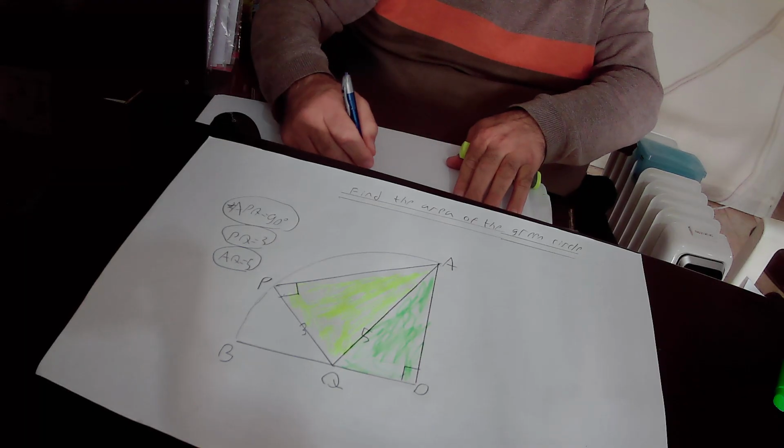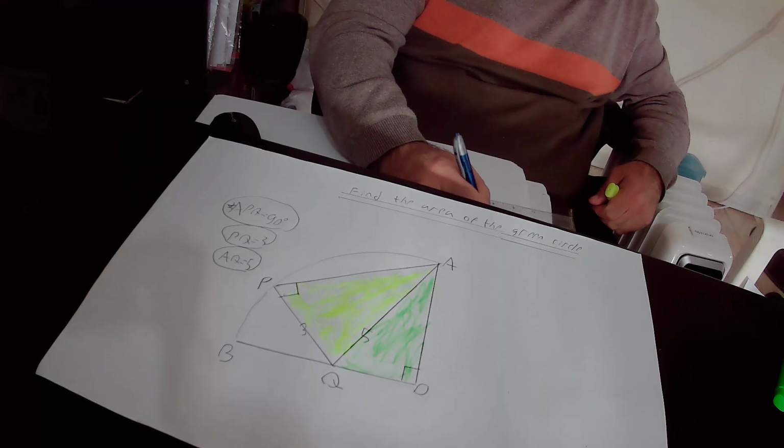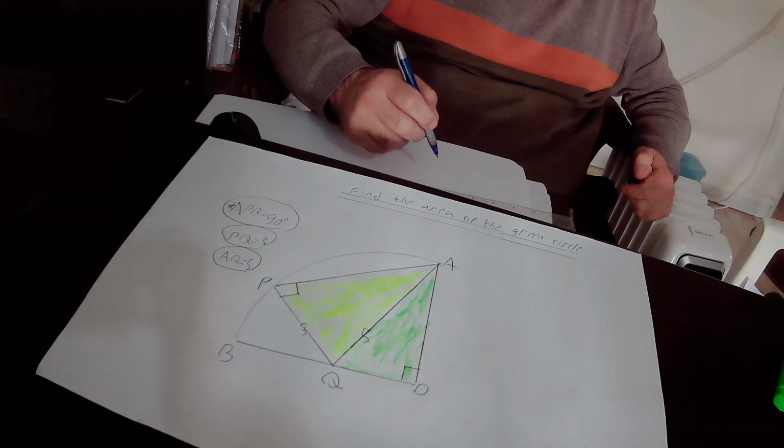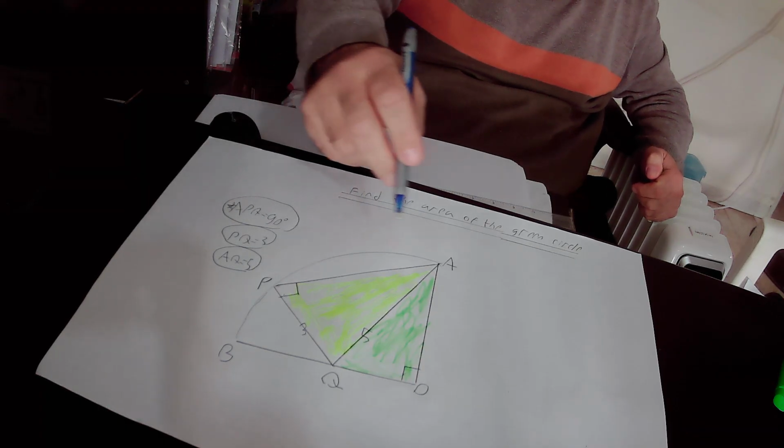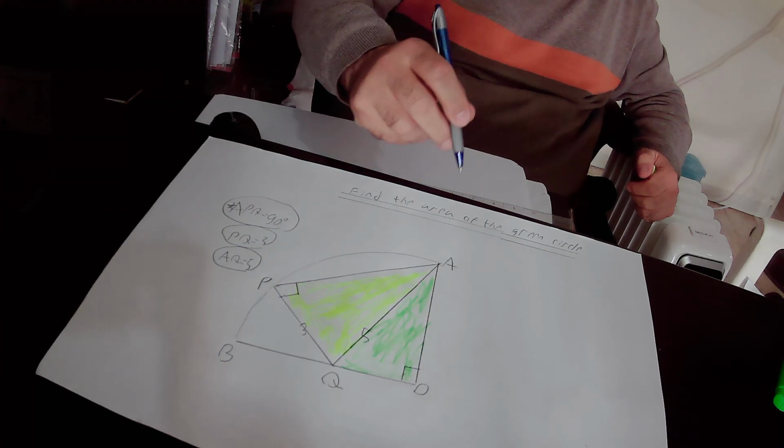Therefore, the square of the hypotenuse is AQ squared, and it must be equal to the sum of the squares of the perpendiculars, that is to say, PQ squared plus PA squared.